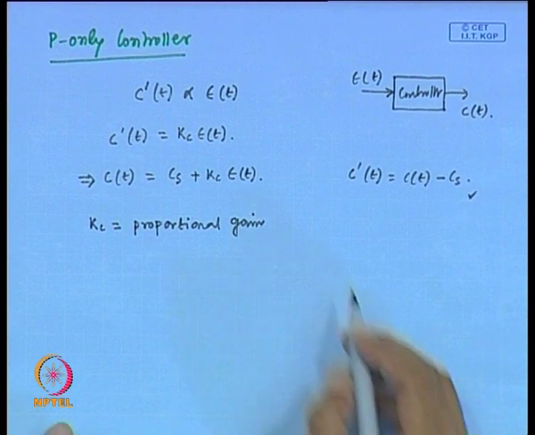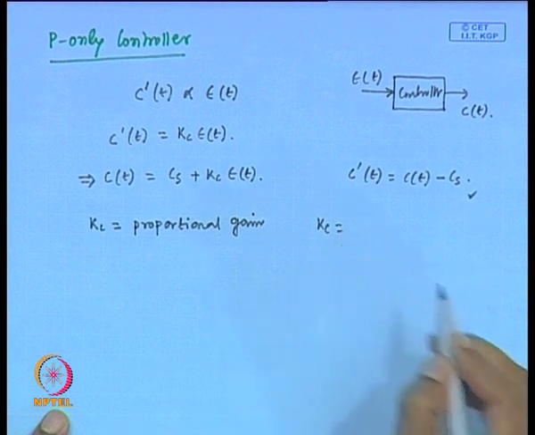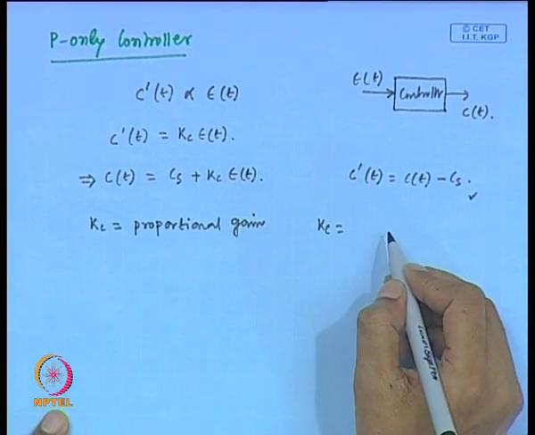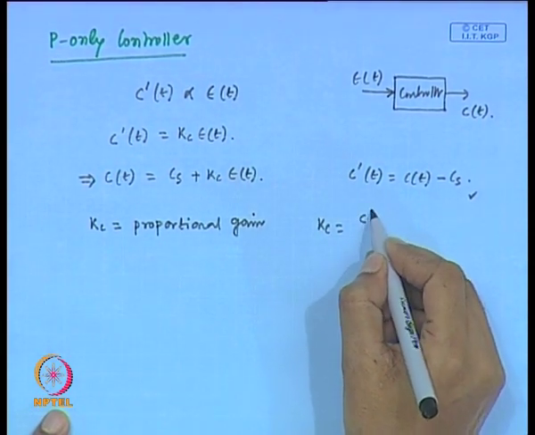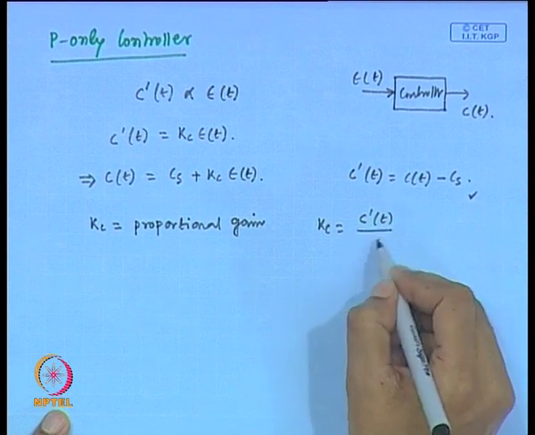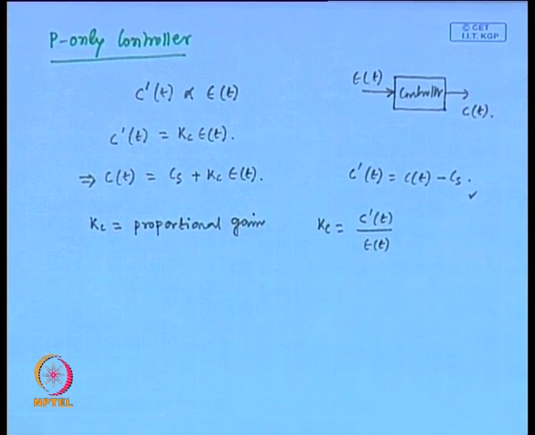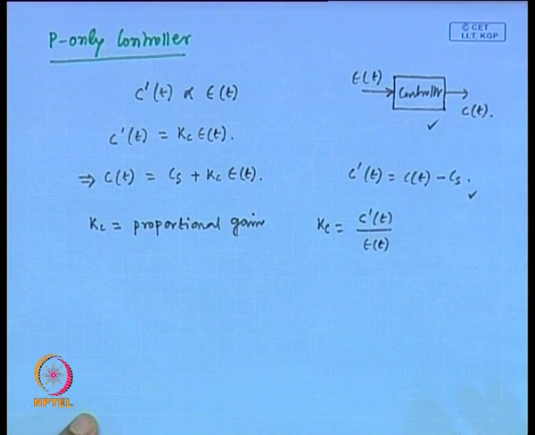It is very obvious, K C we can write as C prime t divided by epsilon t. You just see this block, C t is the output, epsilon t is the input.